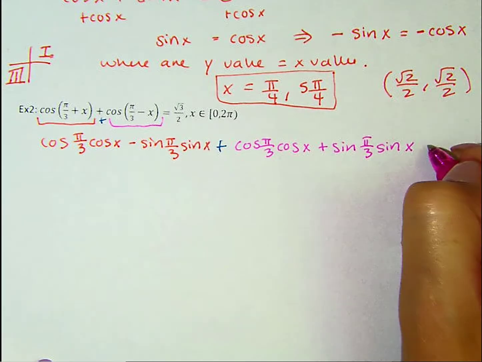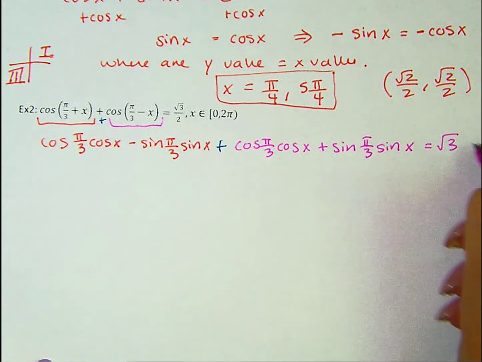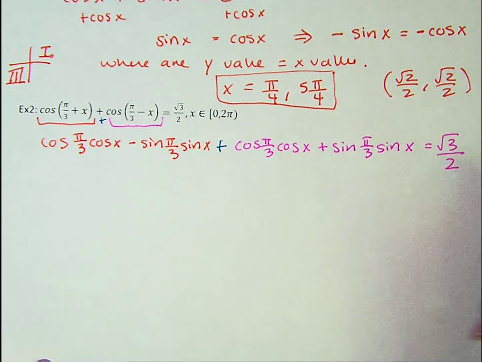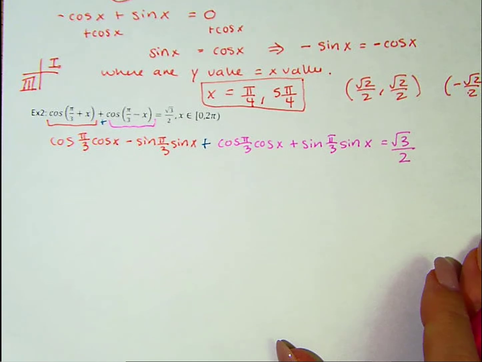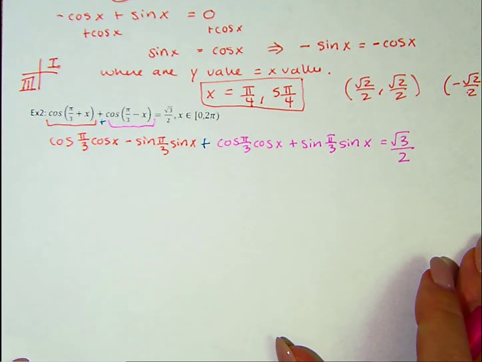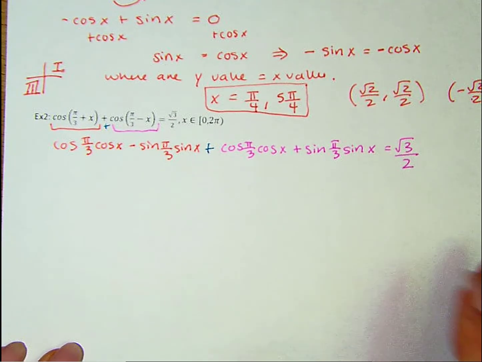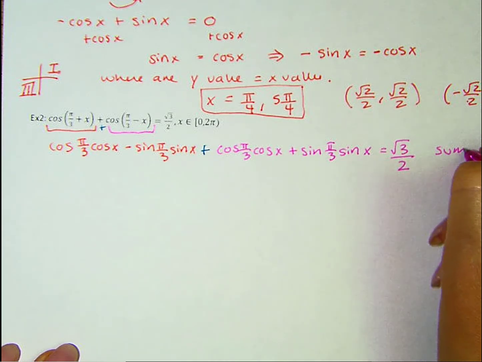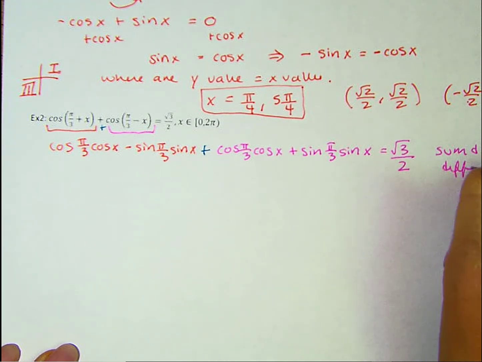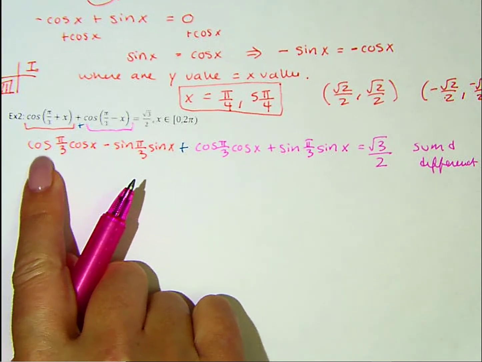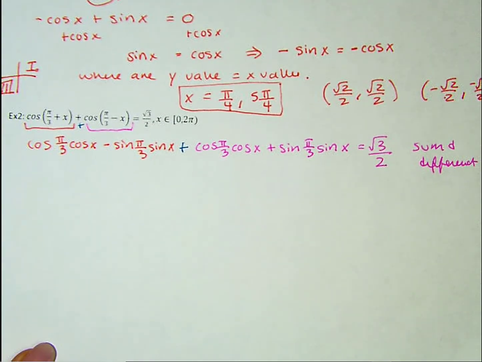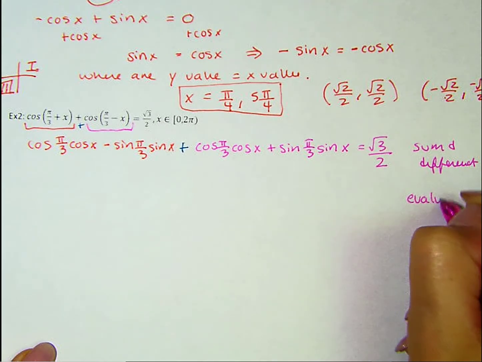And then the whole thing is equal to positive square root of 3 over 2. So this is sum and difference. And now I'm going to evaluate. So I'm going to use my unit circle.